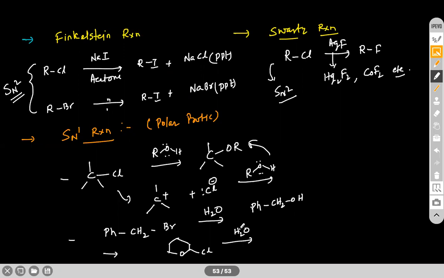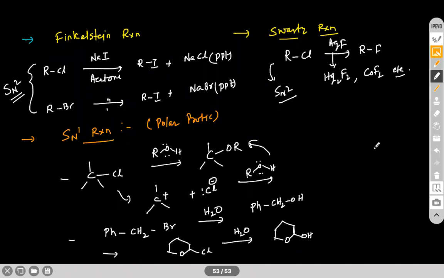Tell me, what is the product? Is this right? First, it forms carbocation. This positive charge here is resonance stabilized.